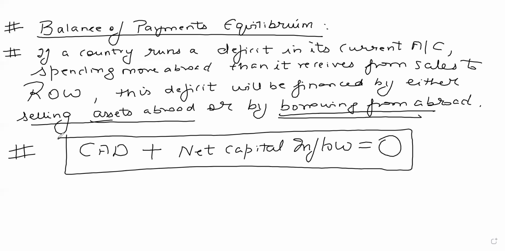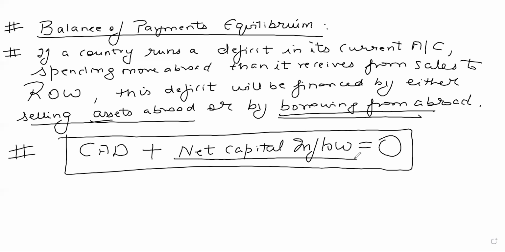And both these options cause foreign exchange to flow into our country. When we are selling assets abroad, foreign exchange is coming into our country. When we are borrowing from abroad, foreign exchange is also coming into our country. Since foreign exchange is coming in via both these transactions, we say that there is a net capital inflow.